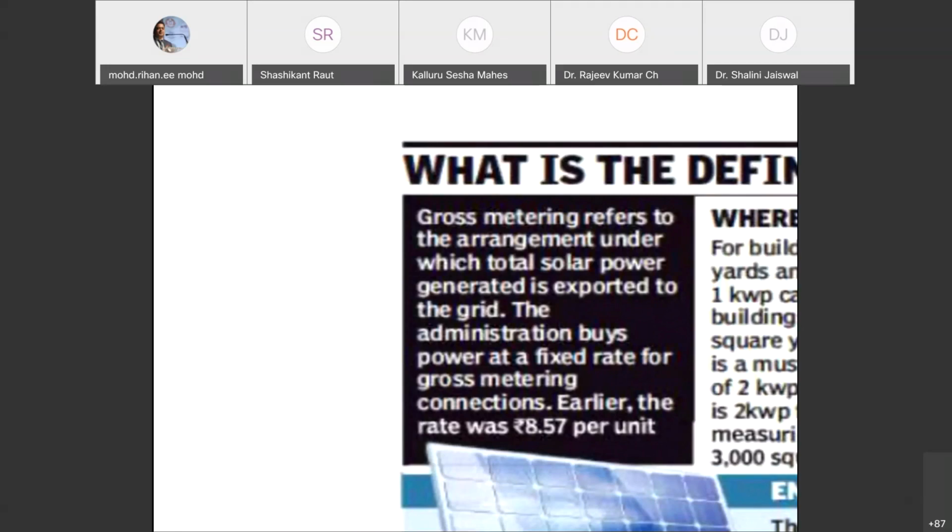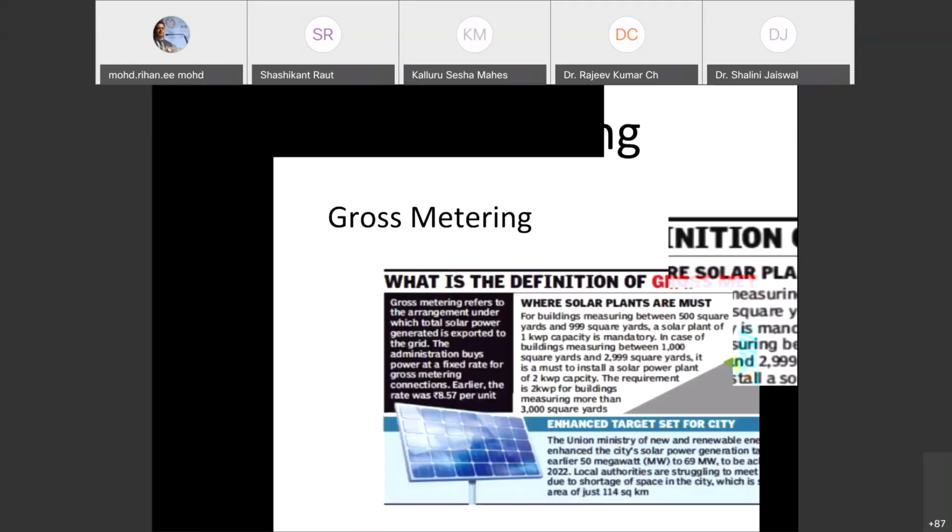So what happens? You export the power to the grid, and the grid pays you at a rate which is agreed upon based on some prior agreement between the power corporation and the consumer. So this is entirely different from a net metered system.